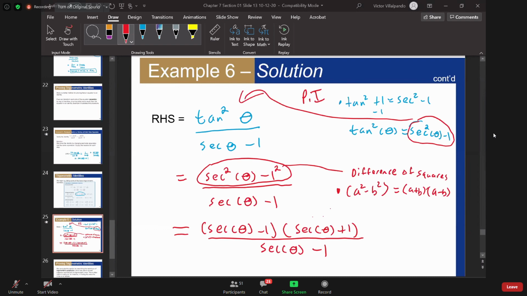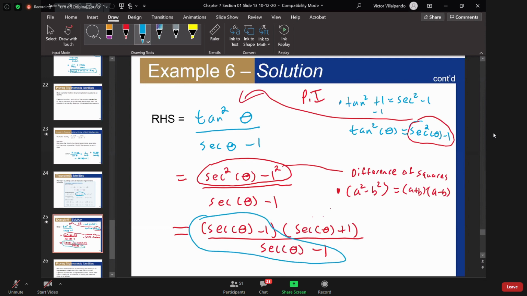All right. So what do you notice? It looks like we can cancel out some terms. We get secant theta minus 1 to cancel out with the secant theta minus 1 in the denominator.